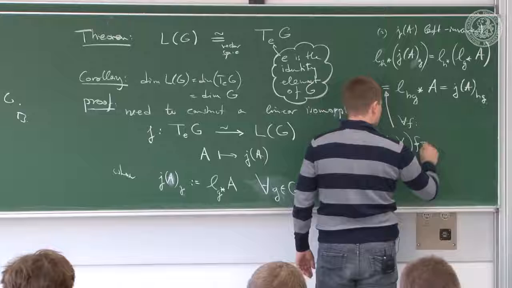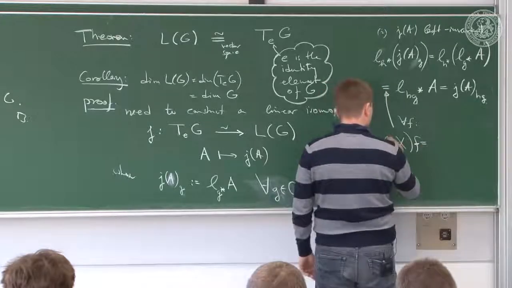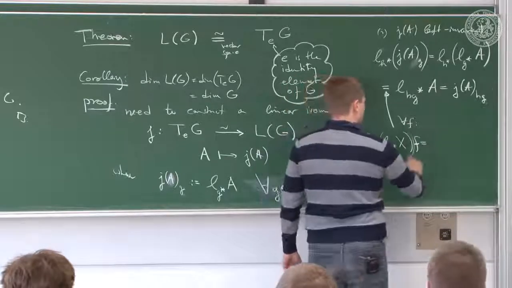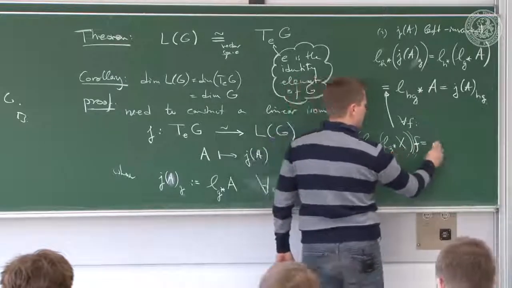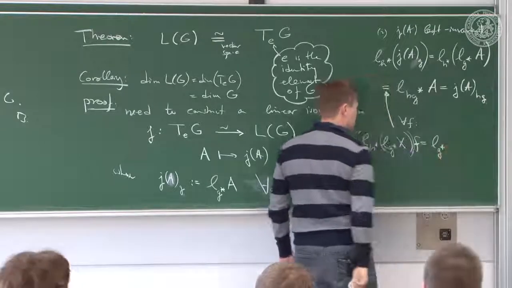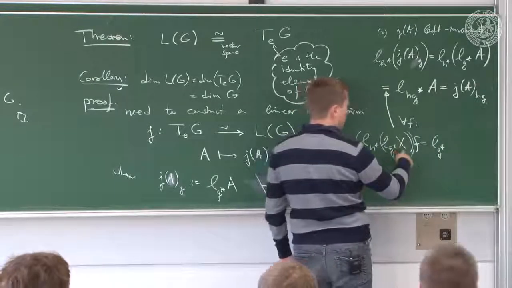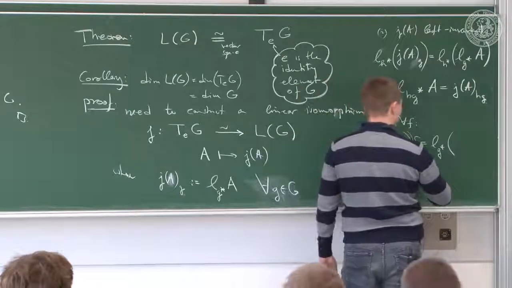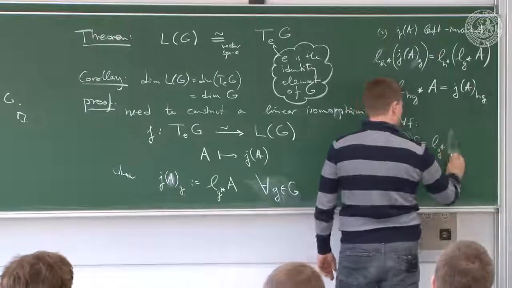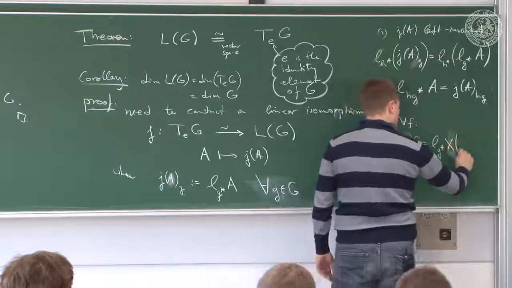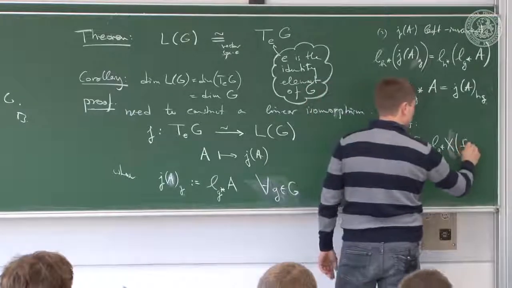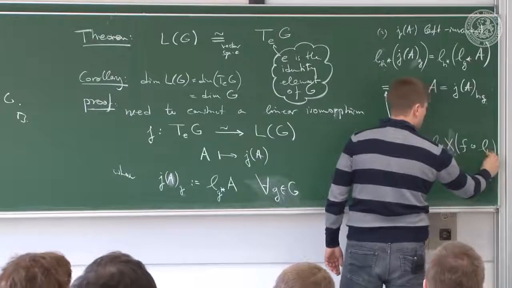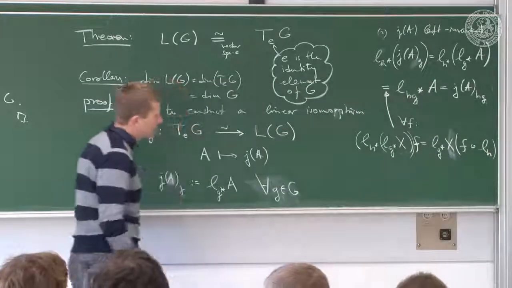So I act on this one first. I have to take the vector L_G star x, and I have to have it act on the function, but only after I used this map in front. What is this? This is the definition of the push forward, right?